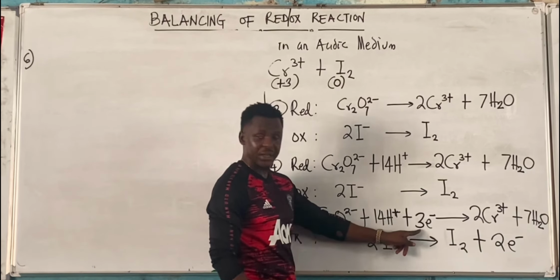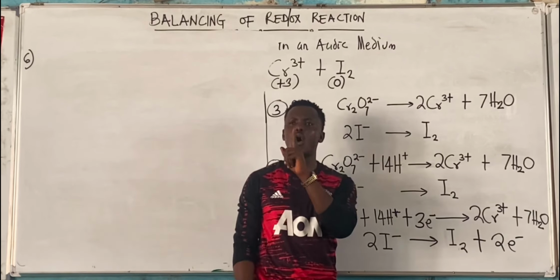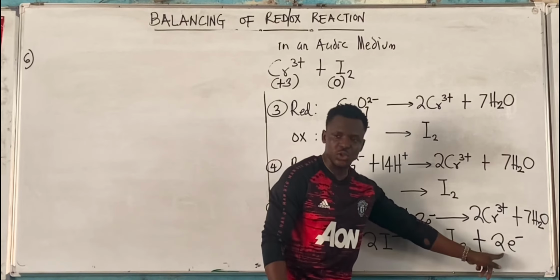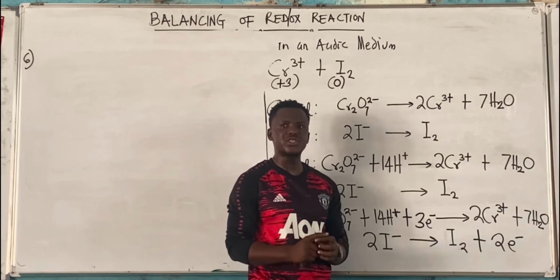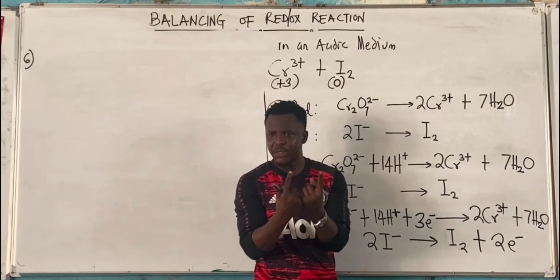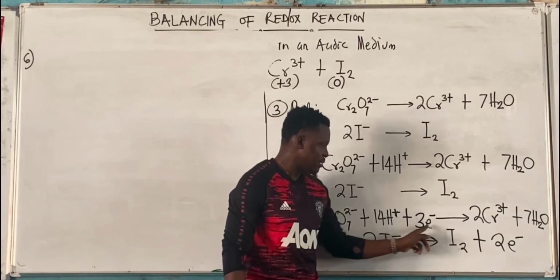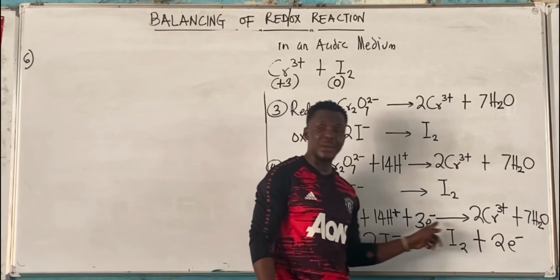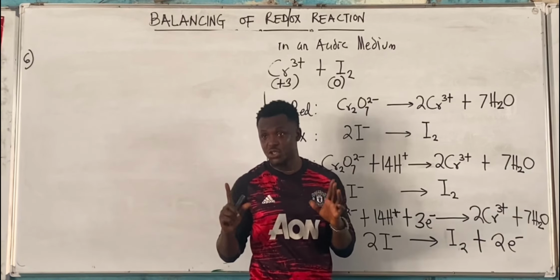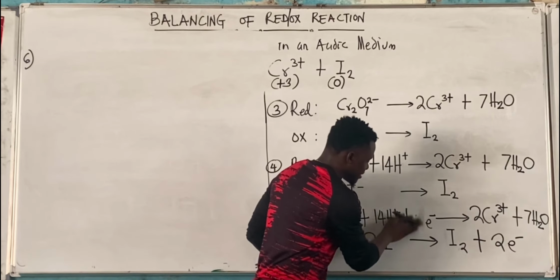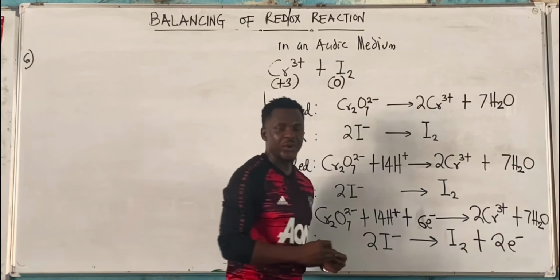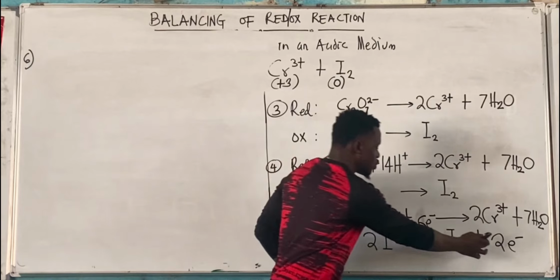In this case, there is no whole number that can multiply with 2 to give us 3, right? So what I'm going to do is opposite multiplication. Use this 3 and multiply 2, and use 2 and multiply what? So that we all have 6. But since here is 6, there is a whole number I can multiply with 2 to give me 3.